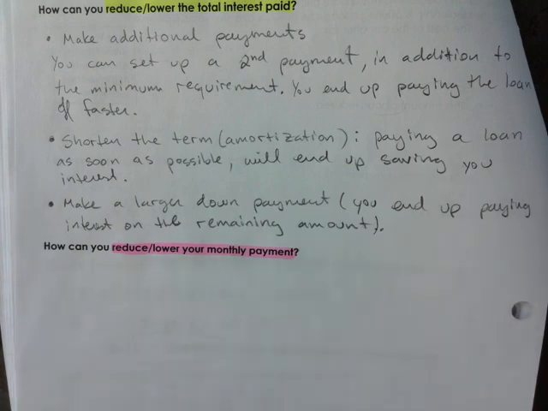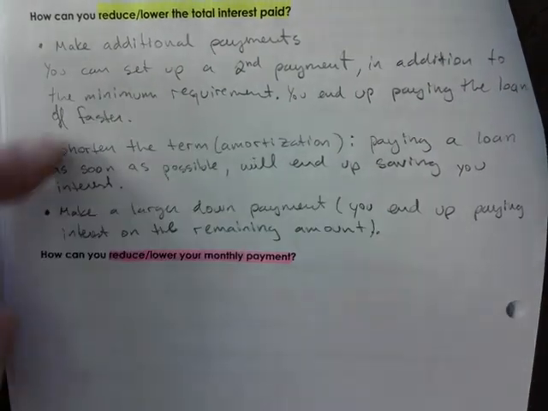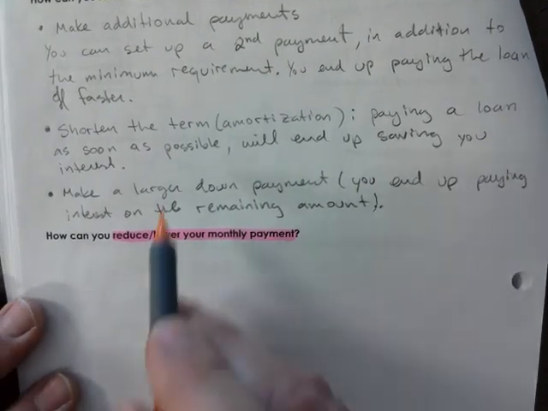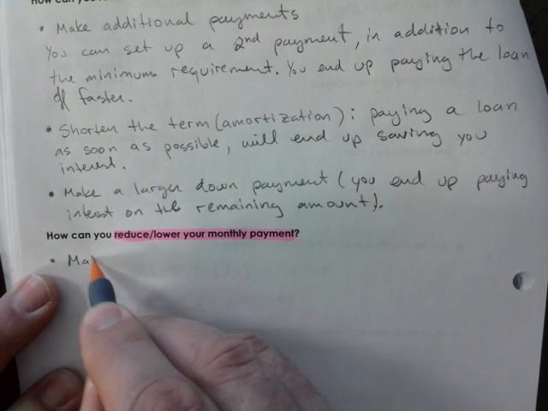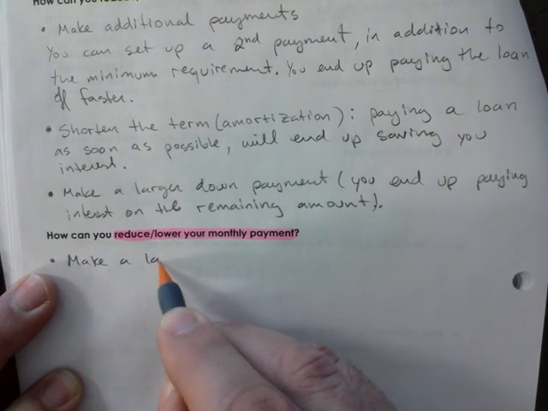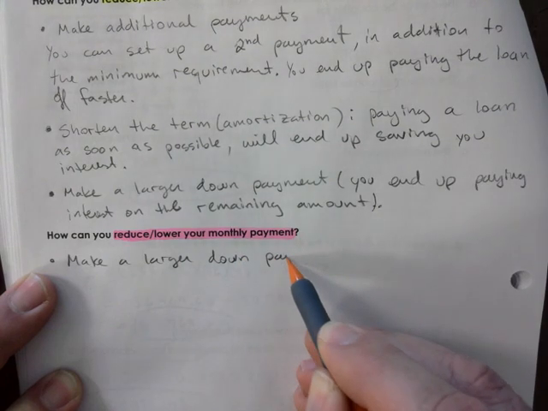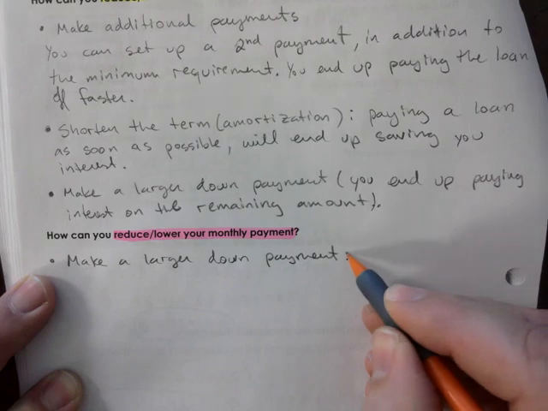I can do 400, but I can't do 500. How would you do that? There's some overlap here. And I will use the last item here: make a larger down payment.